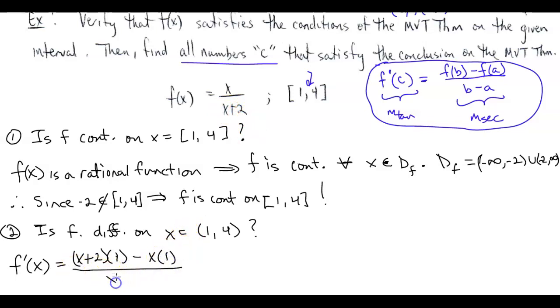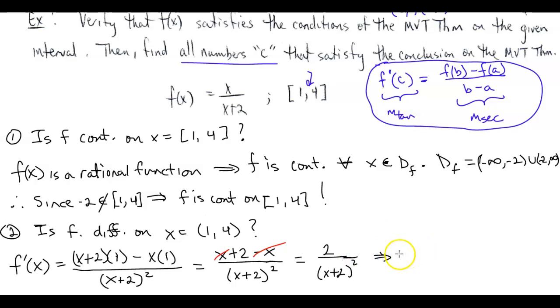And all that over bottom function squared. Of course, if we work all that out, it's just going to be x plus 2 minus x all over x plus 2 squared. And we see here that the x's are going to cancel to 0. And what we're left with is 2 divided by x plus 2 quantity squared.